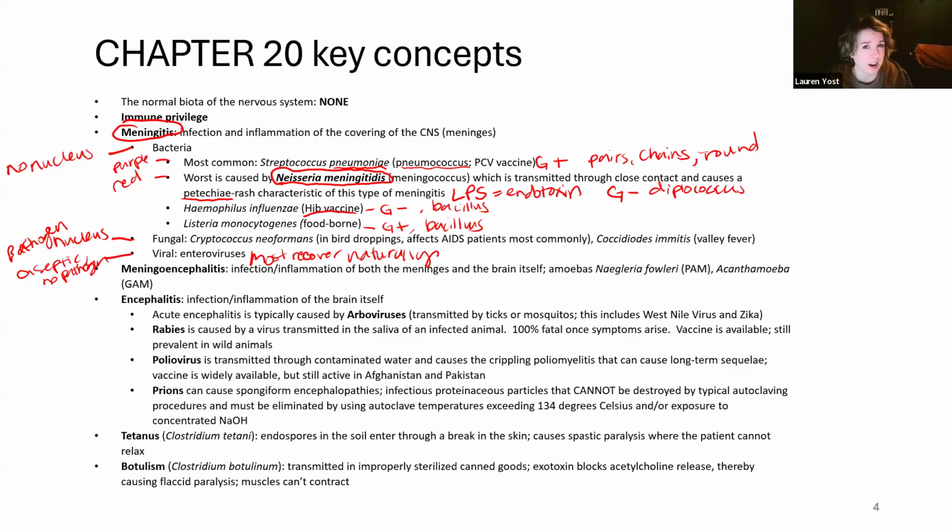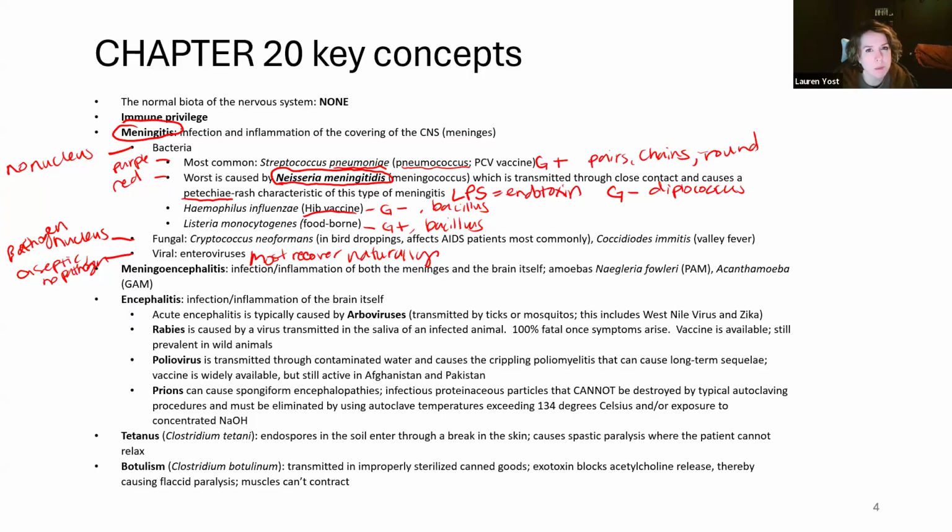And we also often have to treat with sodium hydroxide. You learned that's a powerful base when you took chemistry. So treating with a base, which will ruin our hydrogen bonds, and autoclaving at 134 degrees Celsius. This is not a common practice, and so we usually only institute this type of cleaning of instruments or reusable things if we know that this is going to be a threat.